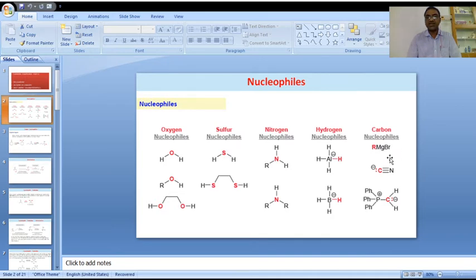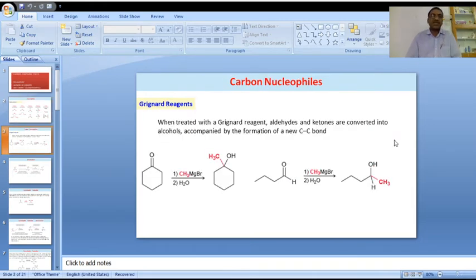X is equal to, here we are using Br, bromide. X can be any halogen, RMgX. Okay, Grignard reagent.